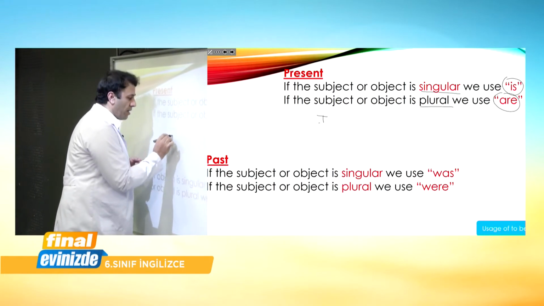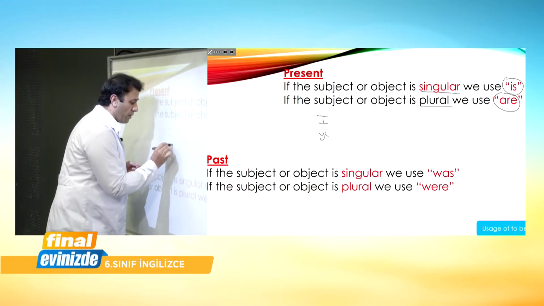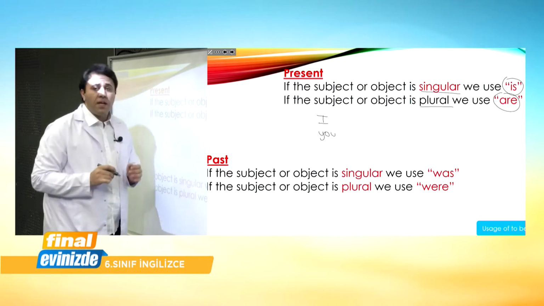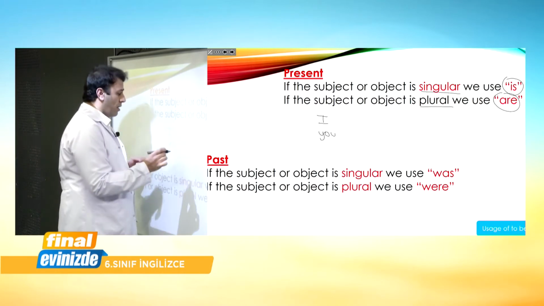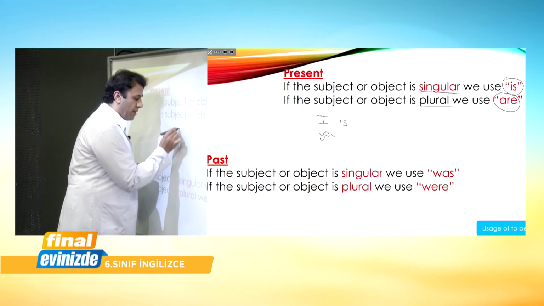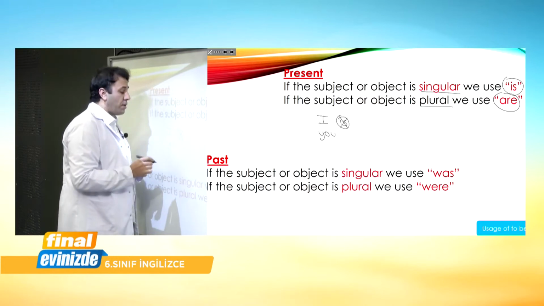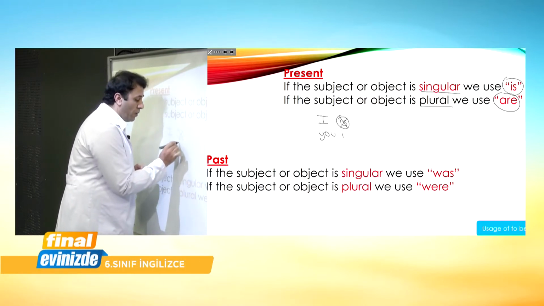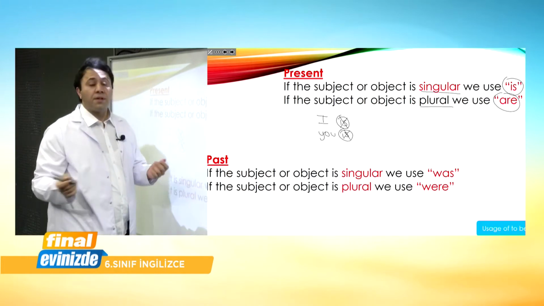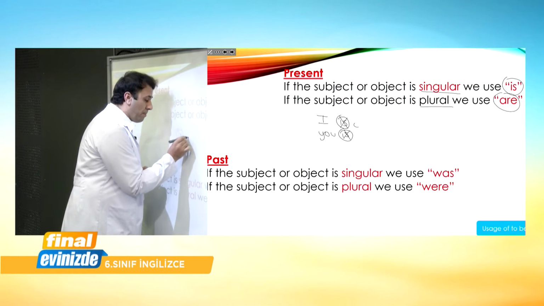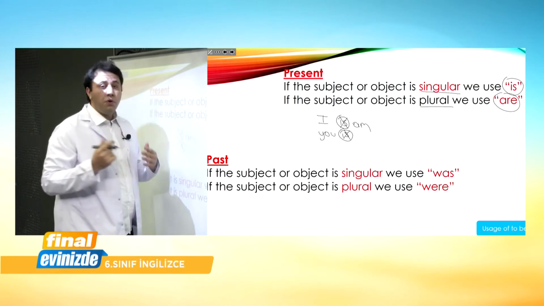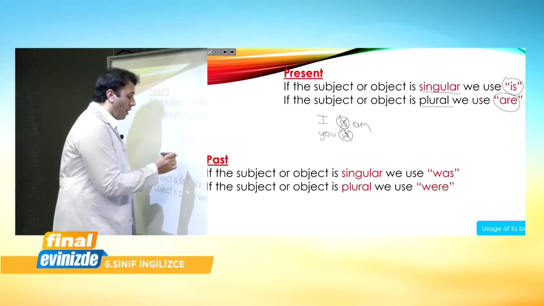I and you. All right? You cannot use I with is. And you cannot use you with is. I goes with am, and you goes with are.